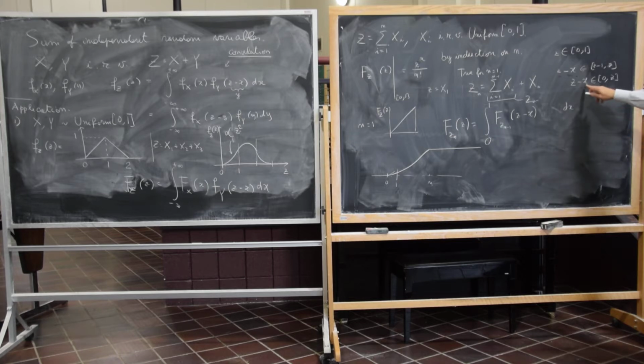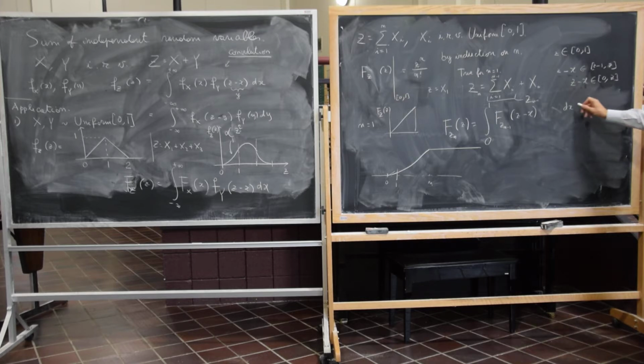So this means when x is equal to z, this quantity is 0. And when x is equal to 0, this quantity is z. So the two extremes of this interval are obtained for x equal to z and for x equal to 0.